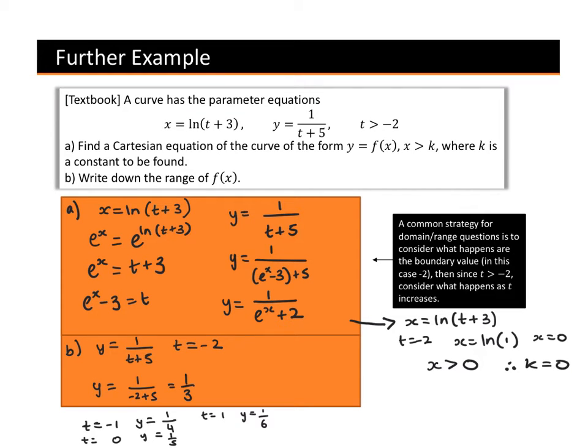So what's happening each time is the values are decreasing. So as the value of t increases, the value of y equals 1 over t plus 5 decreases. That means then our range of values is y is less than a third.